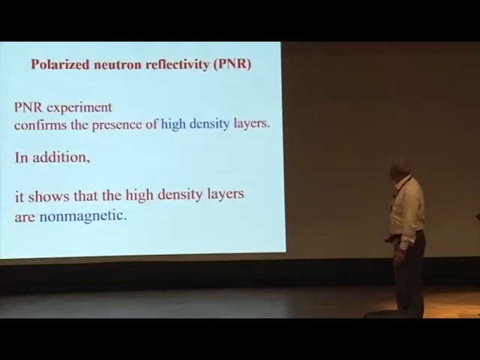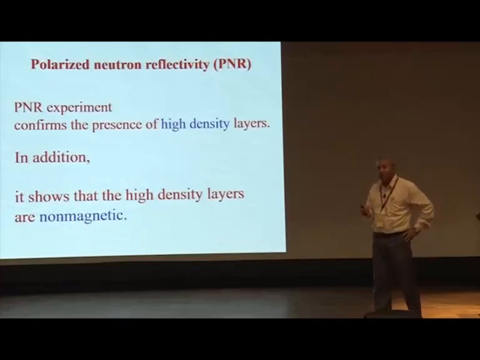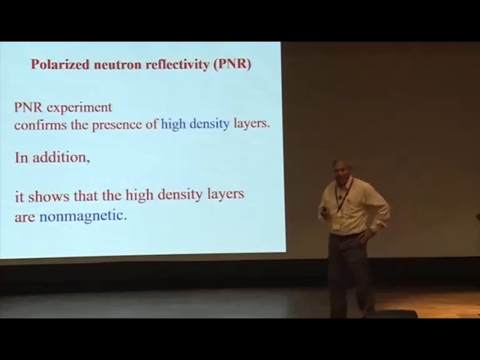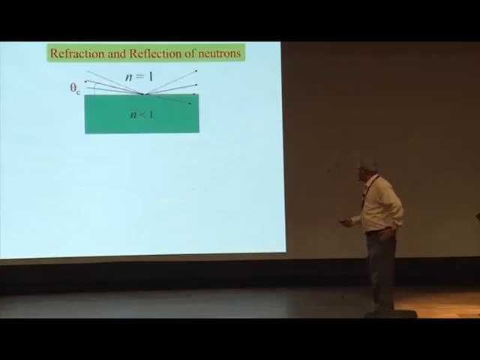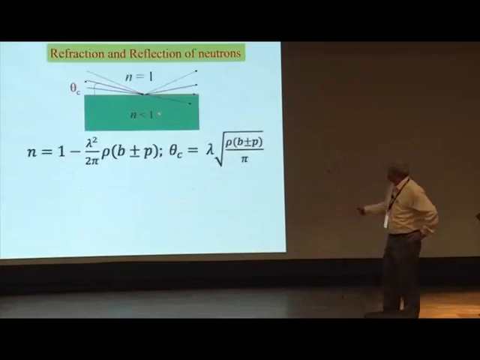So once we have that, we'll go to the polarized neutron reflectivity measurements, which can give us the density as well as the magnetic moment density, which is very important for us. Here it's the same scenario. Refractive index is less than 1 for all material, but the refractive index formula is slightly different. Here is the nuclear part, and this is the magnetism coming from the electronic system.